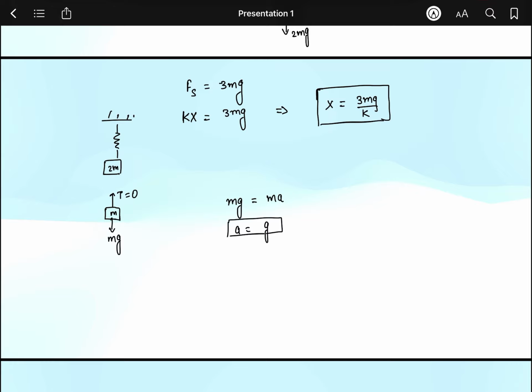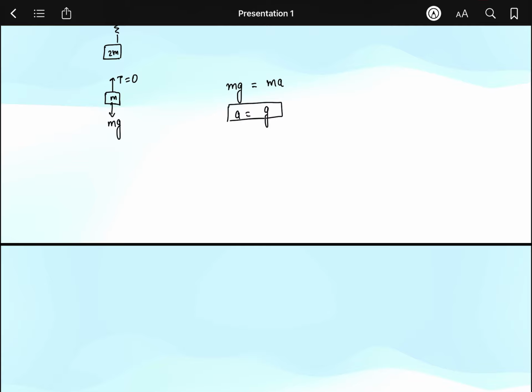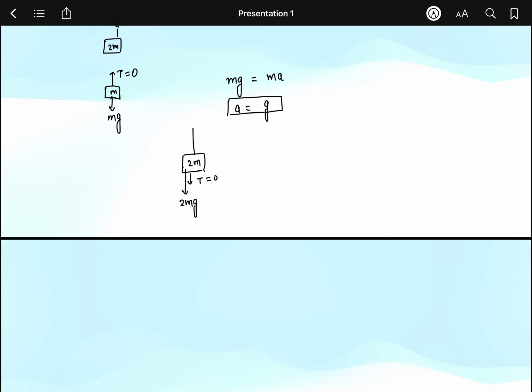Now coming to this mass 2m. Since tension force becomes 0 instantaneously, there will not be any tension force acting on this mass 2m here. So I will be drawing the free body diagram for this 2m now. So this is our 2m. Tension in the downward direction is 0, and 2mg, that is due to the earth's gravitation, is acting in downward direction. Since spring force does not become 0 instantaneously, the spring force will be acting like kx only.